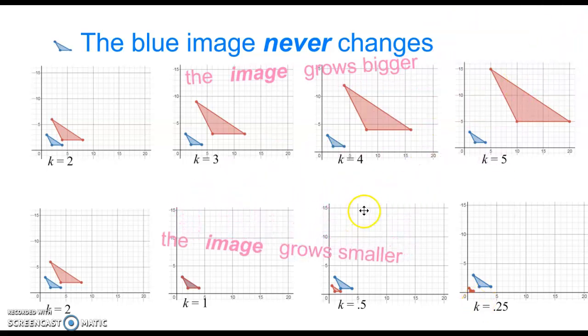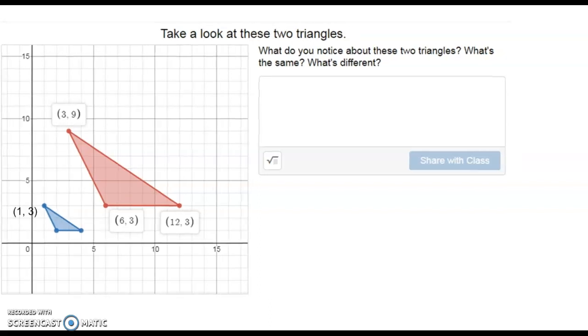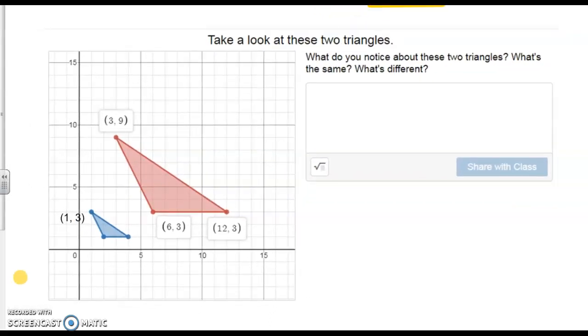always grows smaller. I'm going to point out, I went ahead and looked at this, and I wanted you to notice that if you actually click on these dots, you'll see that the ordered pair, the coordinates of that dot, will pop up.